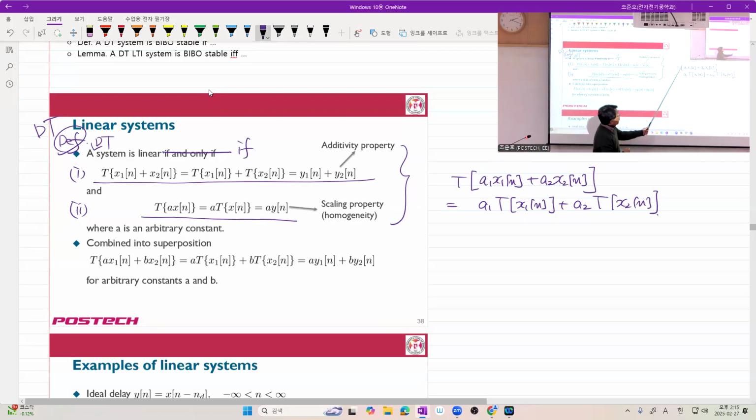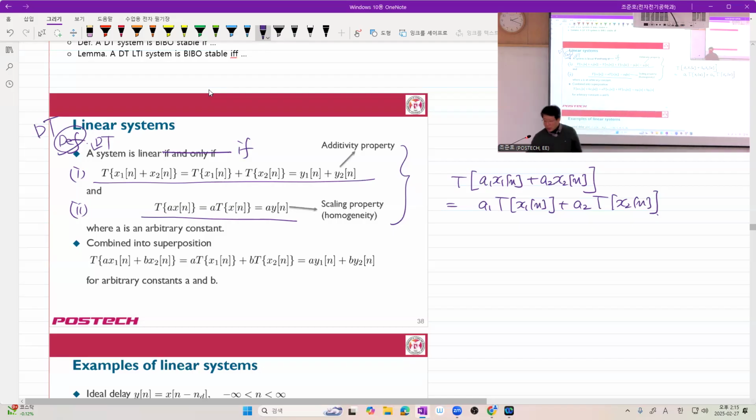What is important is that the argument is not the input at time n. It means this entire discrete time signal is the input to the mapping rule.